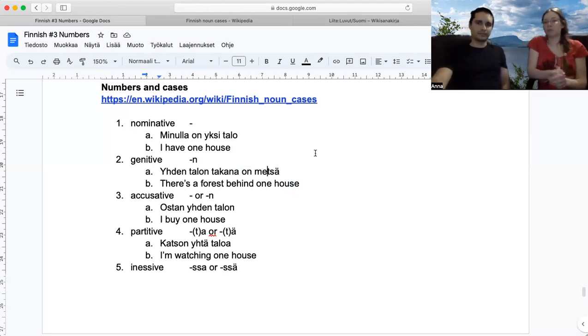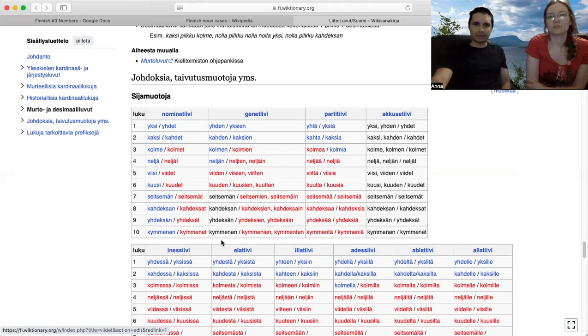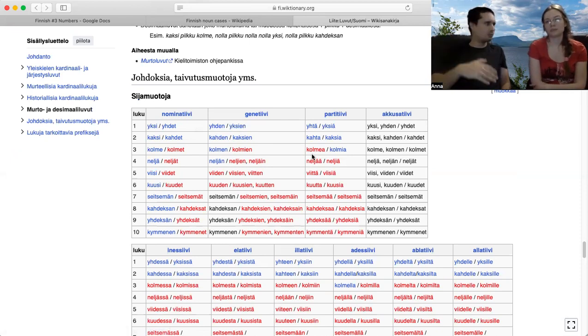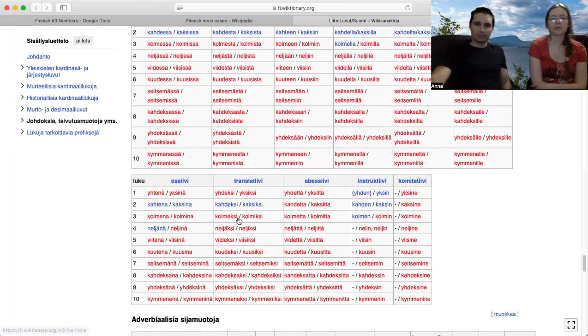So this is the word order also. The word yksi and other numbers, you can find charts for how they are conjugated, like you saw how yksi becomes yhden. We will not go deeply into that topic. You can see here the different cases for numbers from 1 to 10.